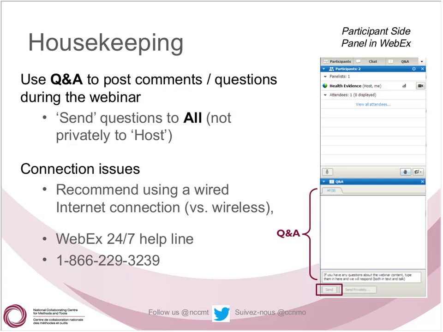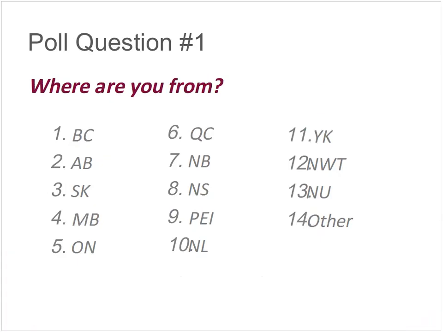So there are some polling questions popping up, asking participants, those of you who have joined us, where you are from and what sector you work in. We can see that most people are from Ontario, but we have some people joining us today from BC, Alberta, Nova Scotia, and New Brunswick.